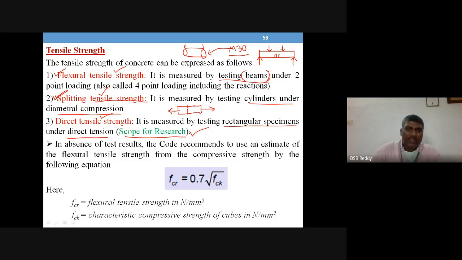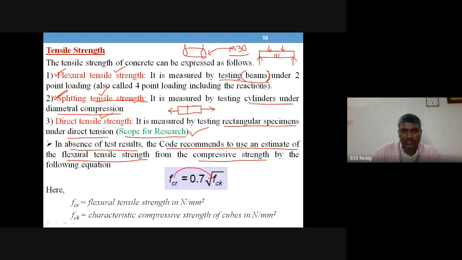Then do your research and present your result like this. Right. In case of absence of test results, the code recommends using a simple formula for flexural tensile strength from compressive strength, because flexural strength is related to compressive strength.